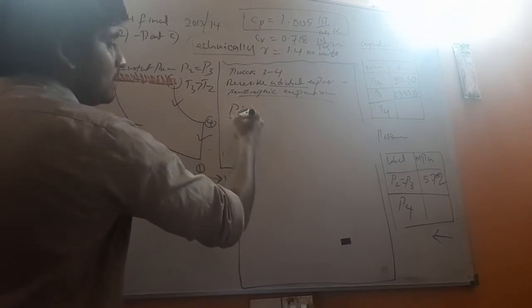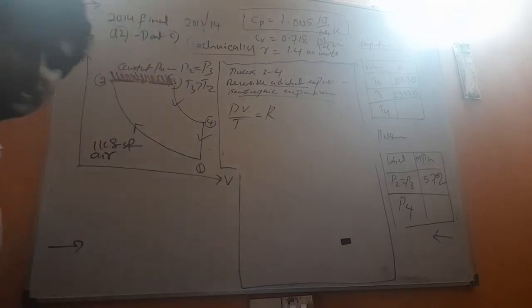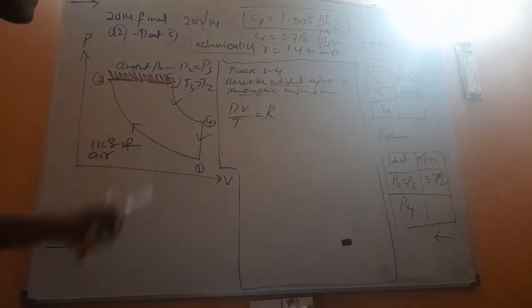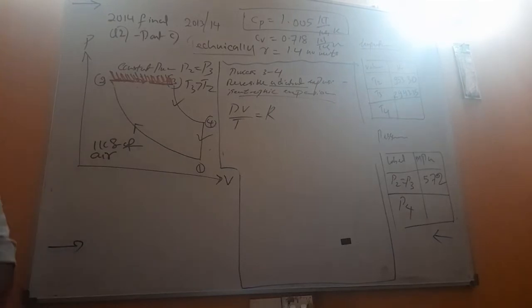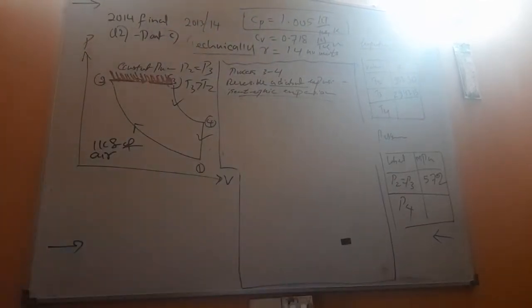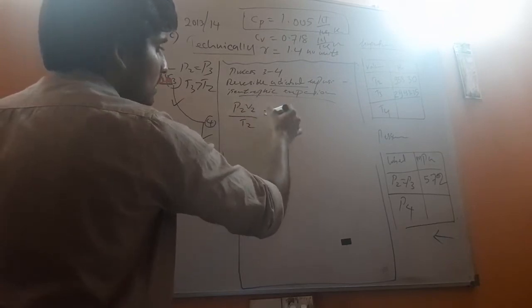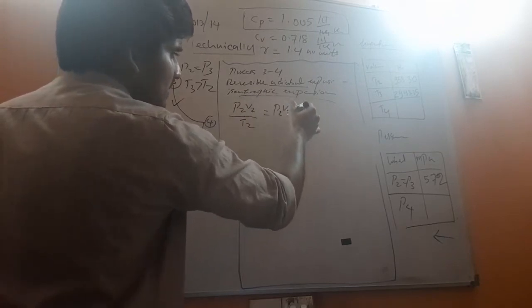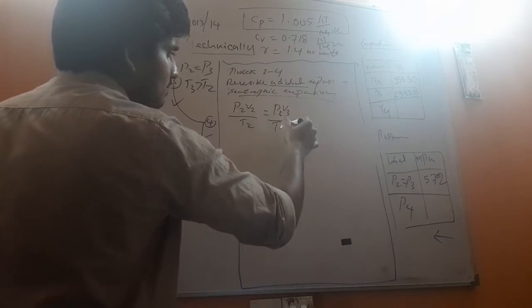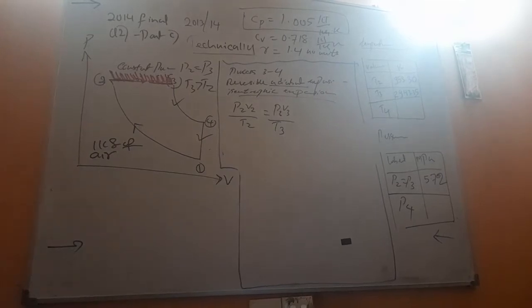PV divided by T equals constant. So you can use that relationship for this constant pressure heating process from 2 to 3. So P2 V2 over T2 equals P3 V3 over T3.